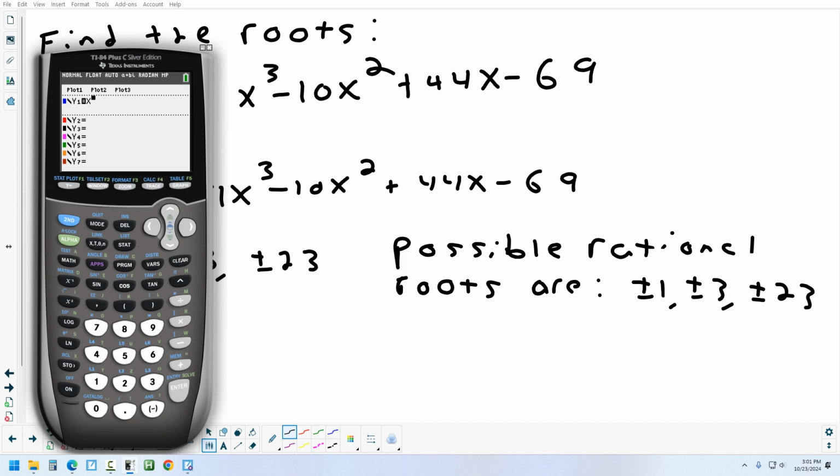Okay. So we have x cubed minus 10x squared plus 44x minus 69. And I'm going to do zoom. I'm going to set my window on my x-axis to go from negative 25 all the way to 25, just in case it crosses at 23.